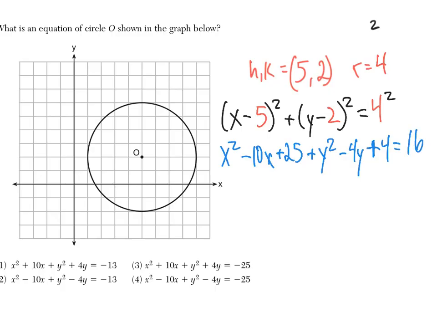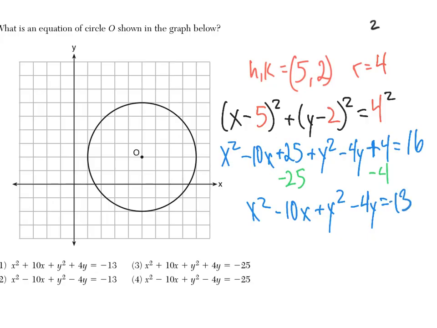Now we're going to subtract 25 and subtract 4 from both sides, and we are left with x squared minus 10x plus y squared minus 4y equals what? It's 16 minus 25 minus 4, which gives us negative 13.